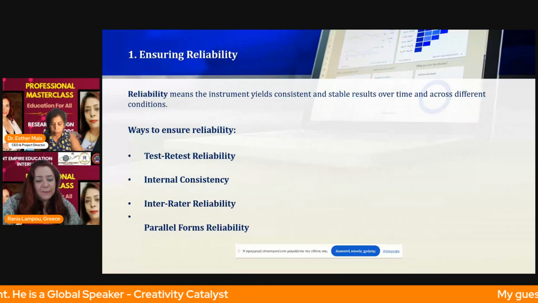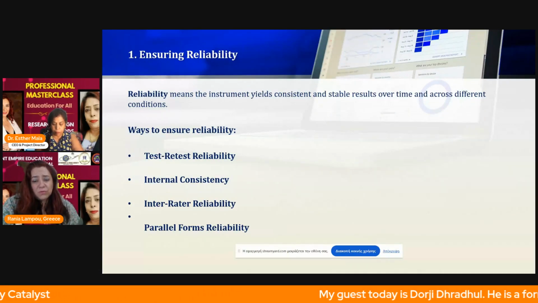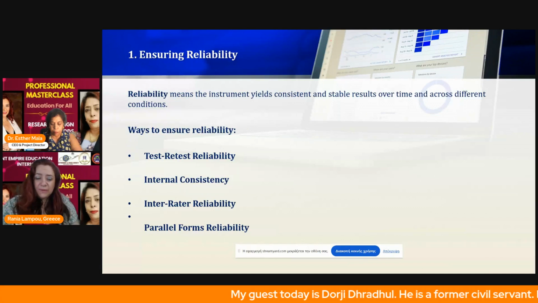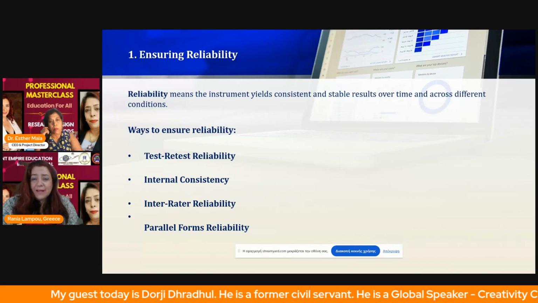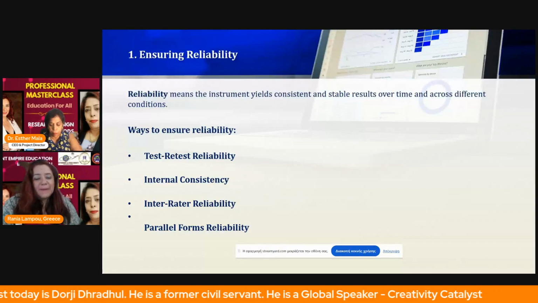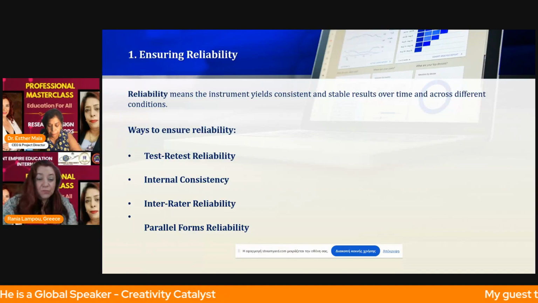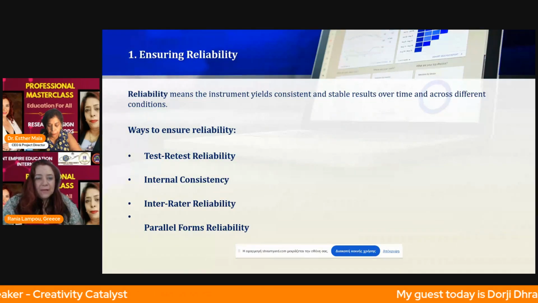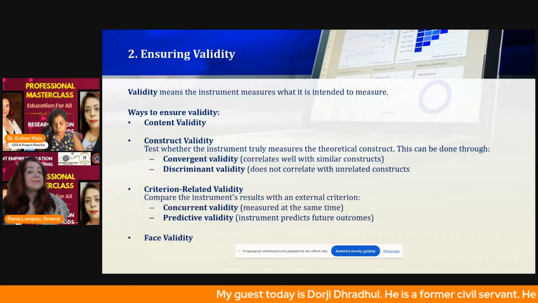Inter-rater reliability: when data involves subjective judgment, for example, coding interviews, ensure different raters give similar scores by training them and calculating agreement. And parallel forms reliability: we develop two equivalent versions of the instrument and check for consistency between them.